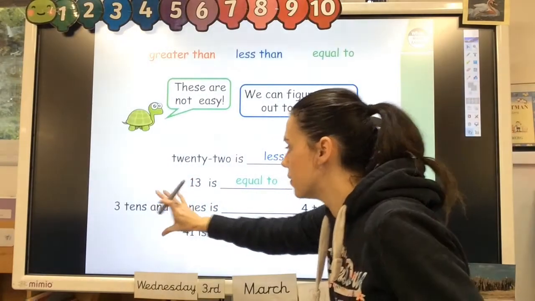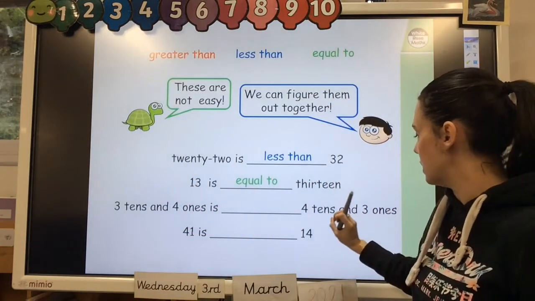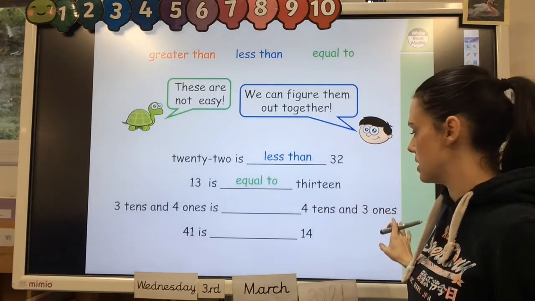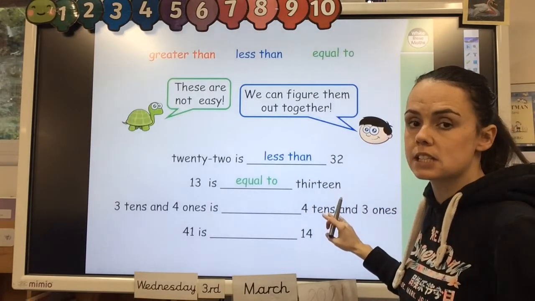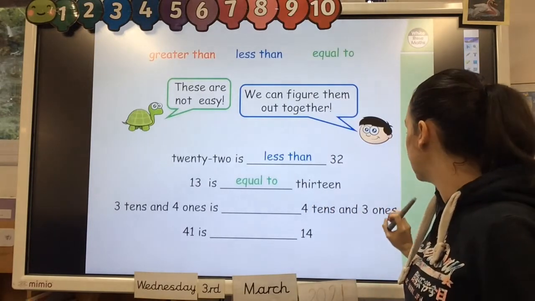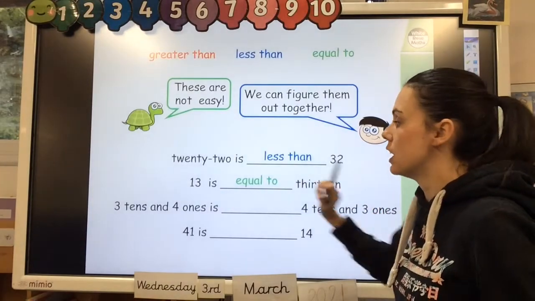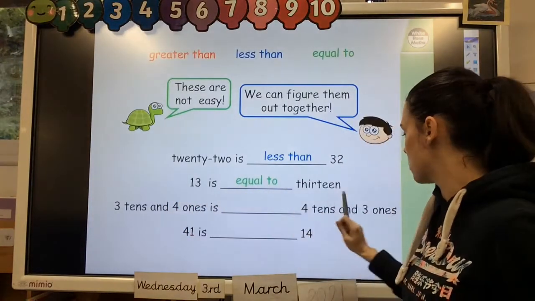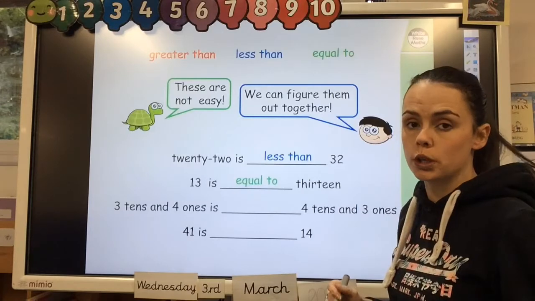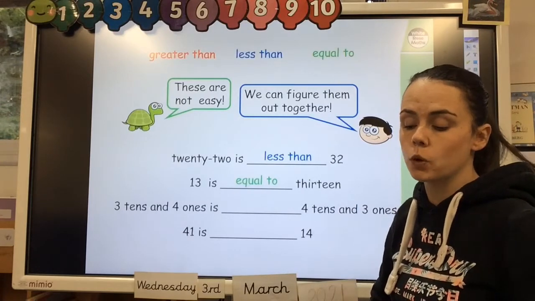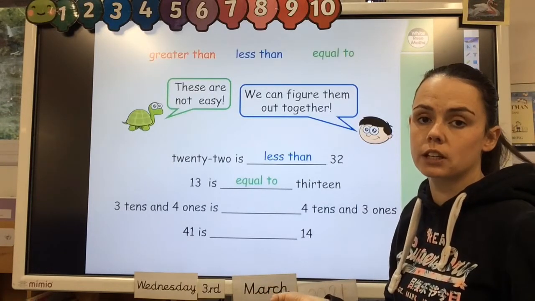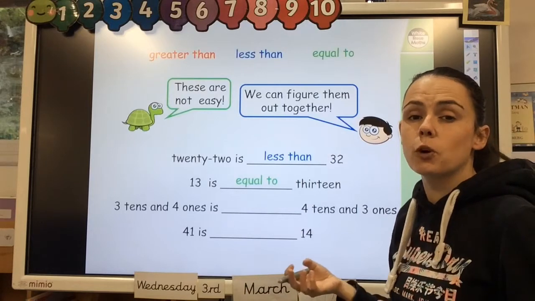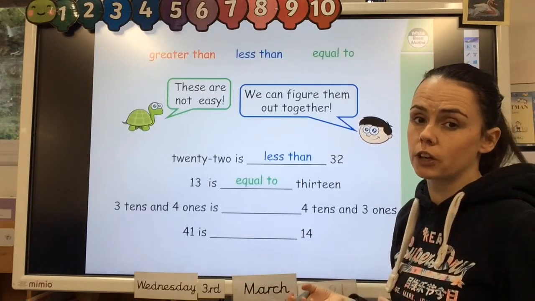So 34 is, and then we've got 4 tens and 3 ones here. So 4 tens is 40, and 3 ones is 3. So 34 is something to 43. On your number square, find 34 and find 43. Is 34 bigger or smaller than 43?